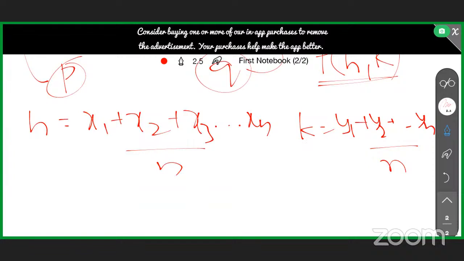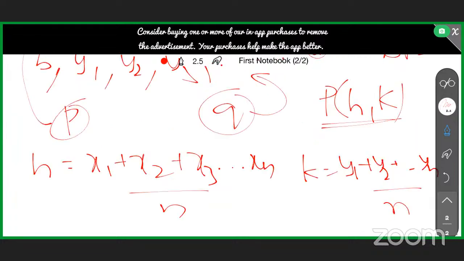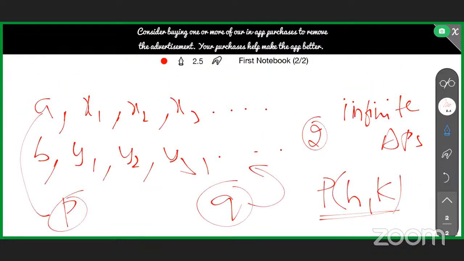Two infinite APs are given: one is a, x1, x2, x3 and on, another is b, y1, y2, y3. The common difference of the first AP is P and of the second AP is Q.